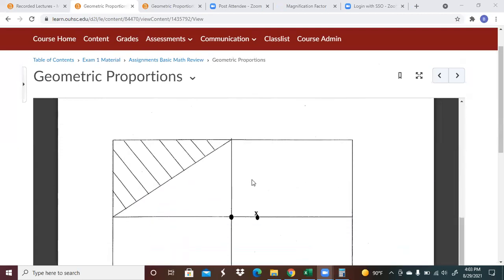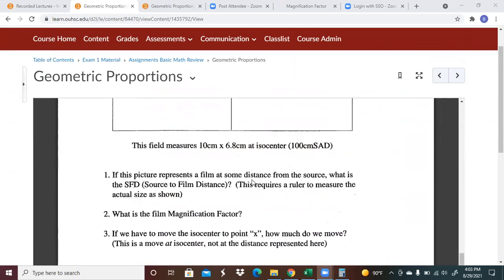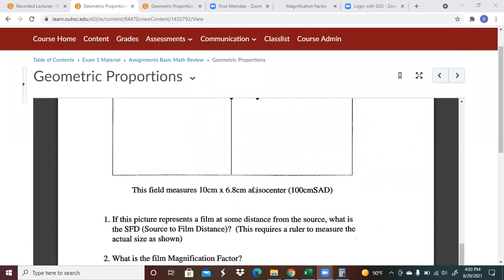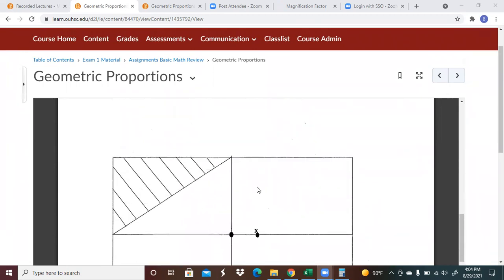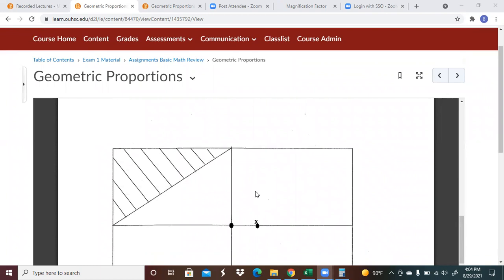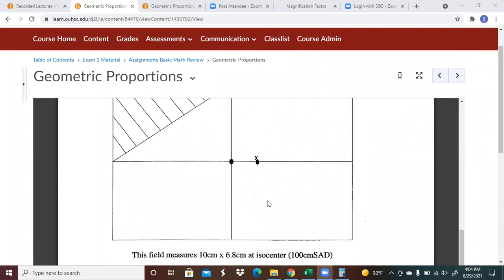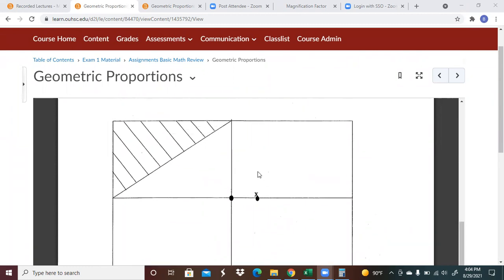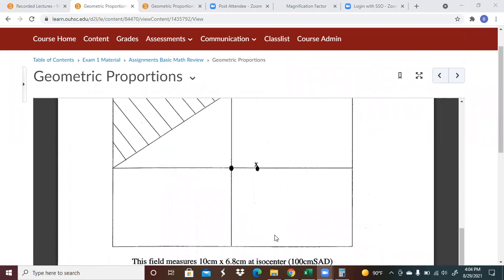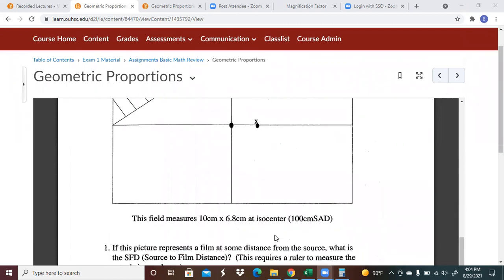All right. Here's one that I know has thrown some people for a loop, and the directions here kind of need to spell this out a little bit more. So we've got a field here that measures 10 cm by 6.8 at isocenter.